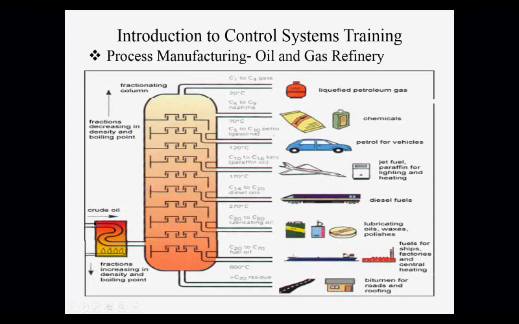Right. Here is your crude oil inlet. This is your furnace, where you're heating the crude oil as it flows through it. Once this heated crude oil flows into your fractional distillation column, the column will have different temperature ranges at different levels, right?